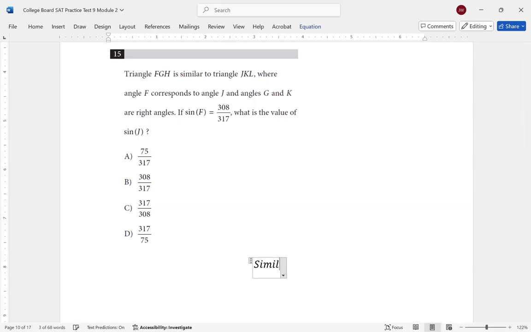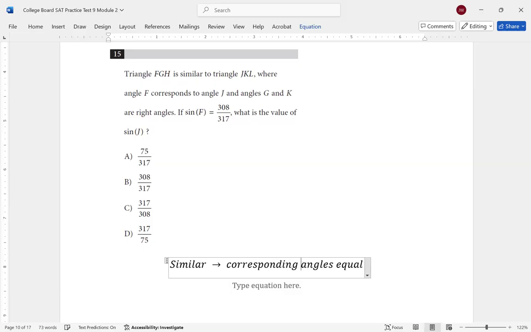Similar triangles mean that corresponding angles are going to be equal. Since F corresponds to angle J, angle F is going to be the same as angle J.